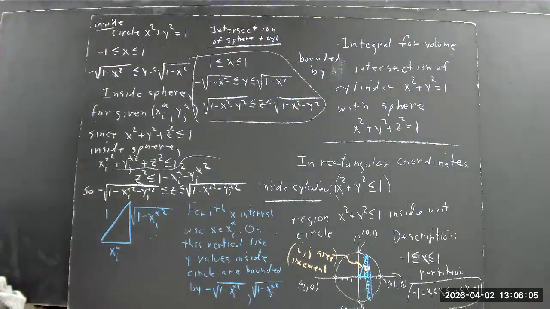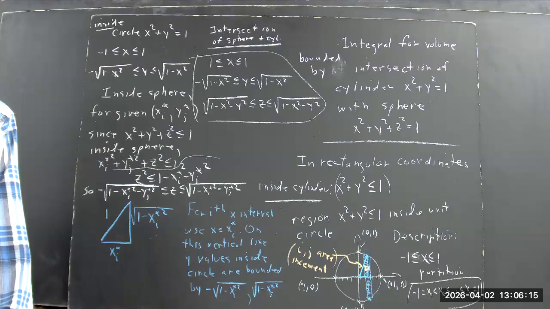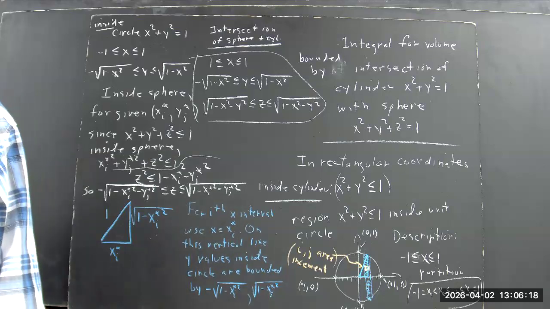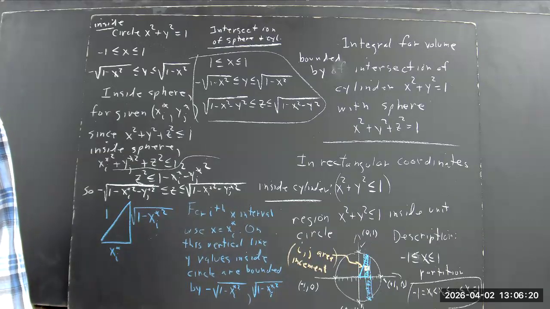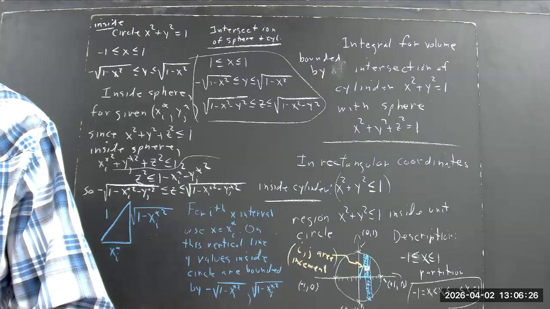There it is, and there are your limits on the interval. Now, it turns out that the intersection of a sphere of radius 1, centered at the origin, and a cylinder of radius 1, centered at the origin, is just a sphere. Okay? The cylinder fits all the way around the sphere.